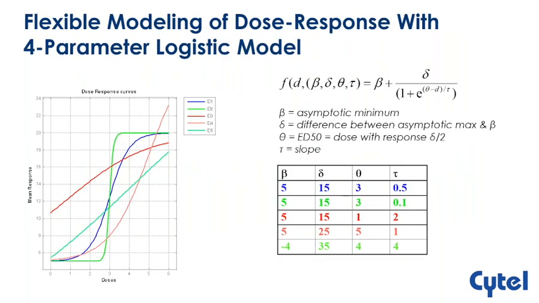The reason we use a 4-parameter logistic function is because it's very versatile. This slide shows several examples of dose response curves of different shapes that can be configured with this 4-parameter logistic model. So it's very versatile because it can even fit a linear or a gently sloping line or an exponential type line or an S-shaped line.